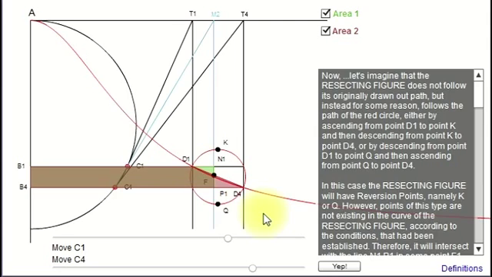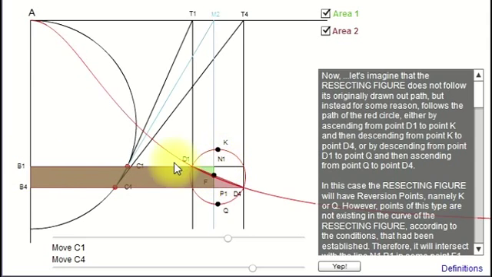that we know that the resecting figure bears its name because it's always bisecting this line from M2, which is falling in between the ordinates.